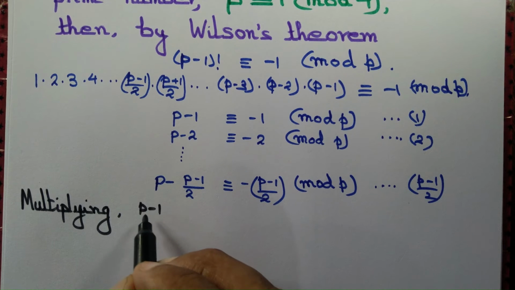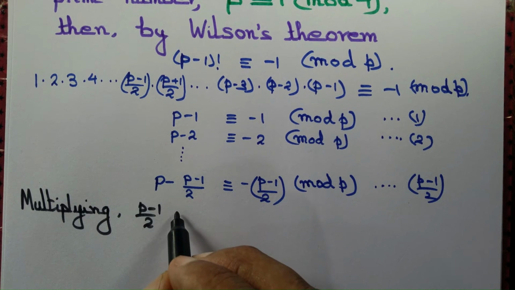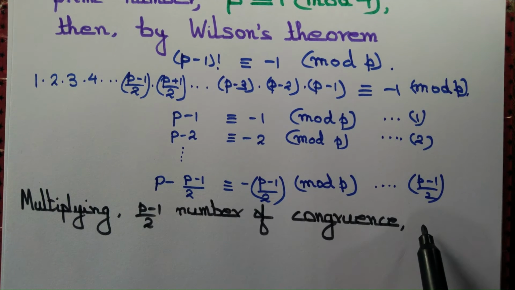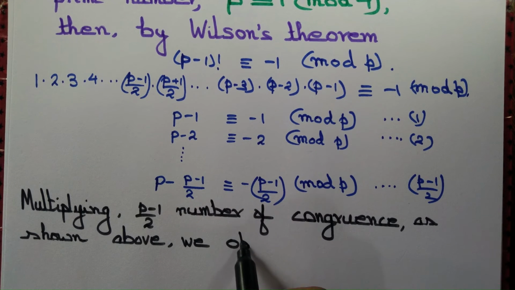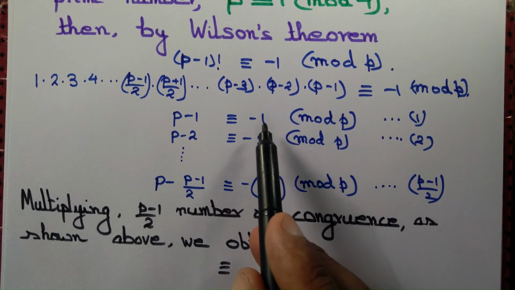Multiplying p minus 1 by 2 number of congruences as shown above, we obtain, so we are multiplying all the congruences.